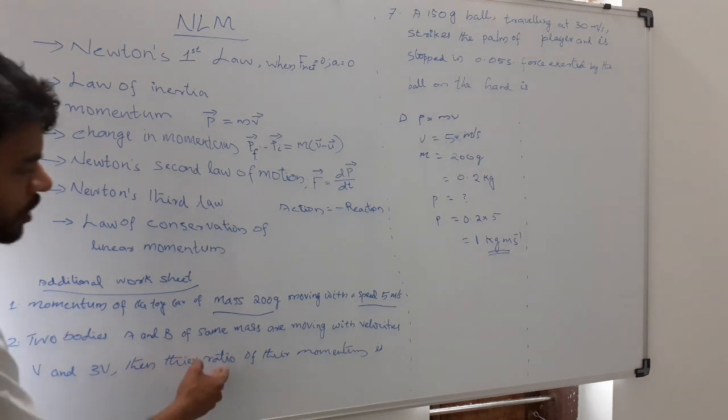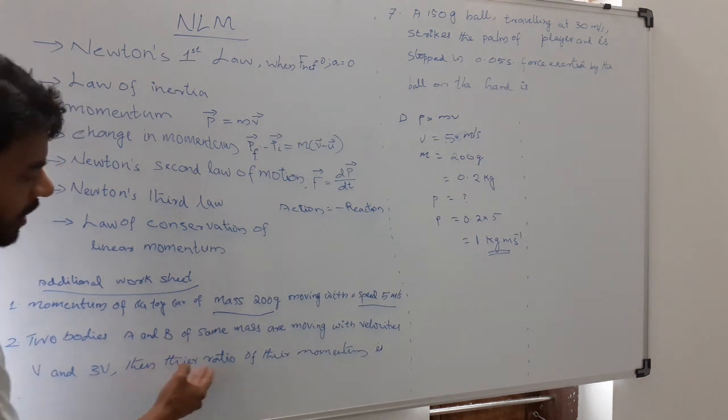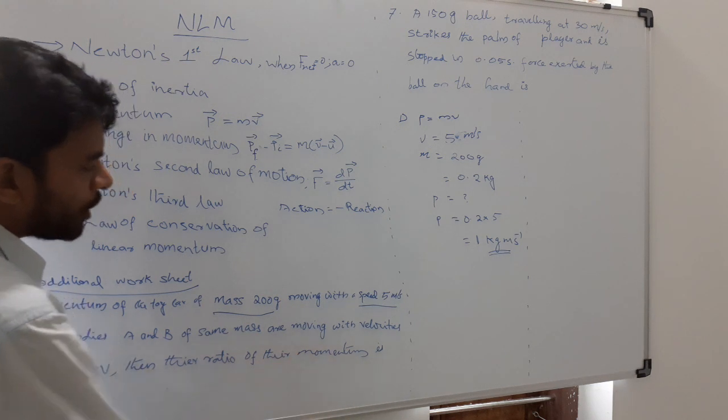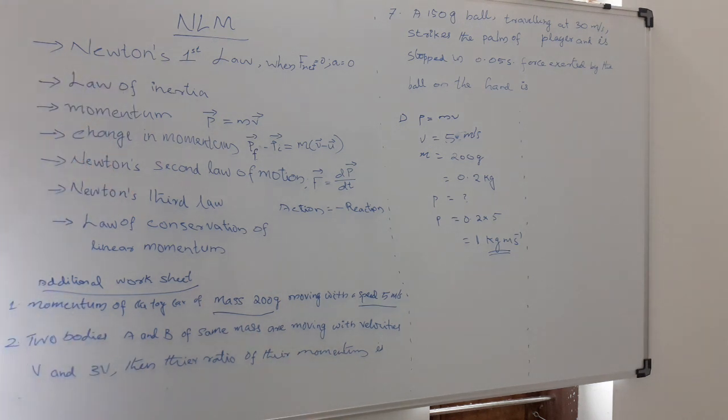Now we are asked to find the ratio of their momentum. Two bodies A and B of the same mass are moving with velocities v and 3v.